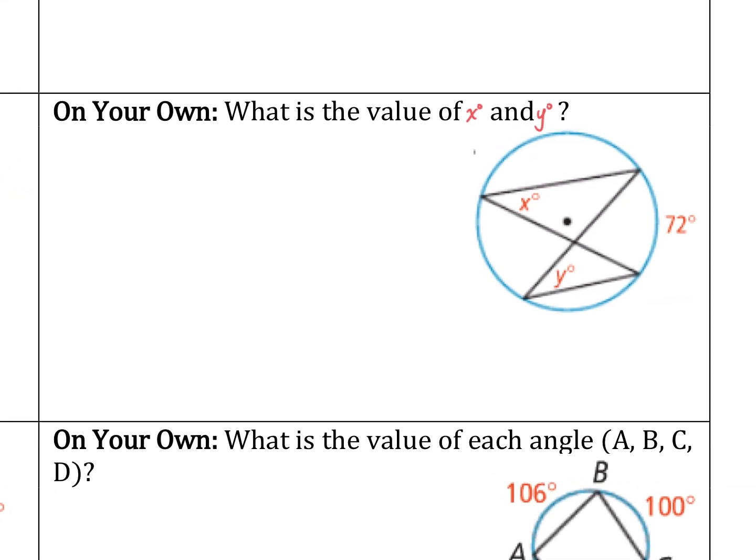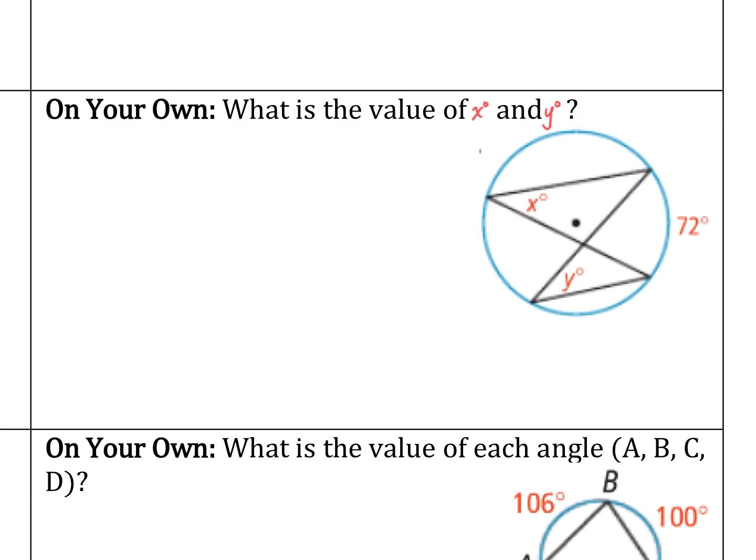Okay, on your own this time, what do you think is the value of x degree and y degree in here? Let's look at it. First, we can see a common arc in here, which is 72. That's the size of the arc. And x and y are lying on the same arc.